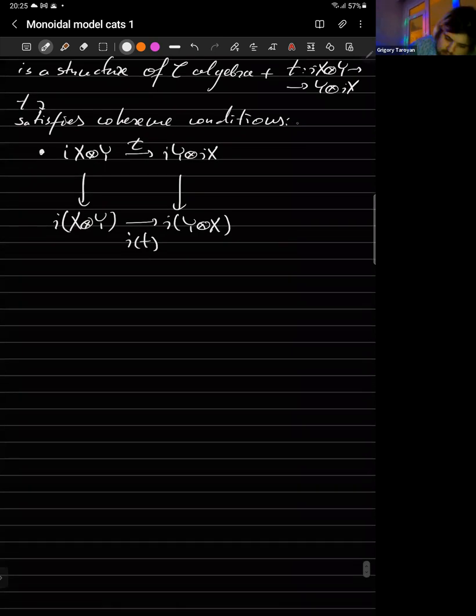So yeah, the condition number 0 is obviously the fact that this transposition squared should be identity.